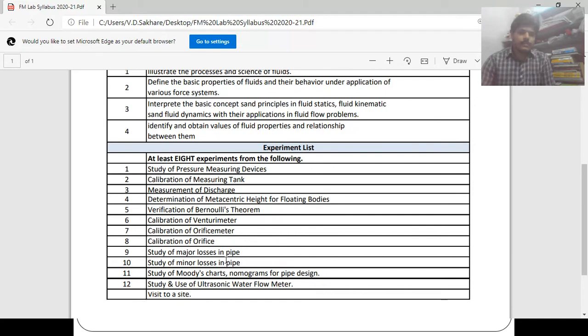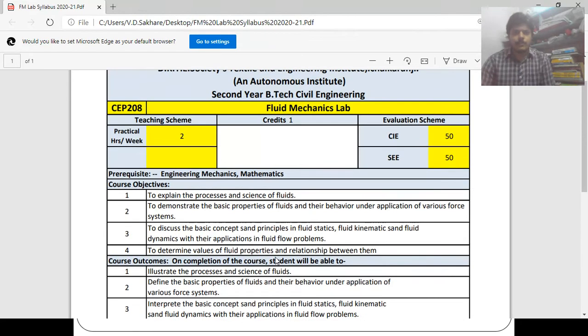These are all hands-on experiments in fluid mechanics.